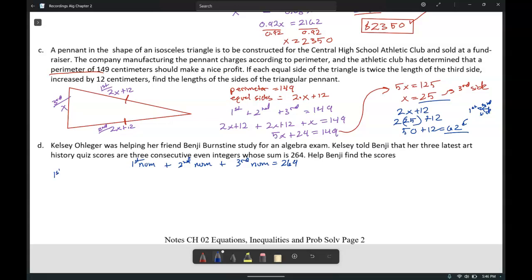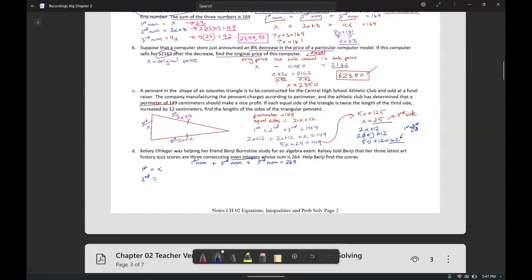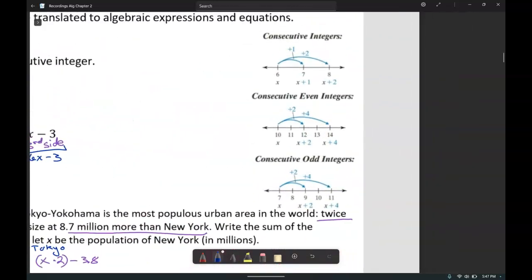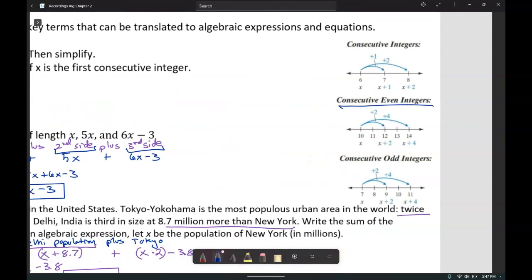Our first number, we don't know it, so it's x. But our second number, we do know, is the next consecutive even integer. Let's go back real quick and look up at this chart earlier, where we saw that consecutive even integers added by 2 to get to the next value.